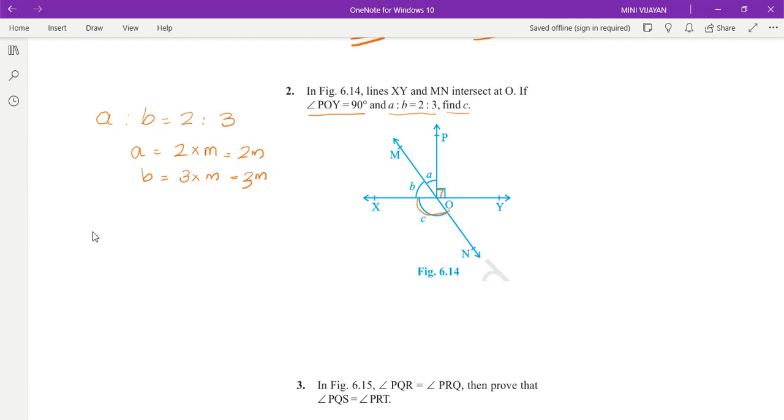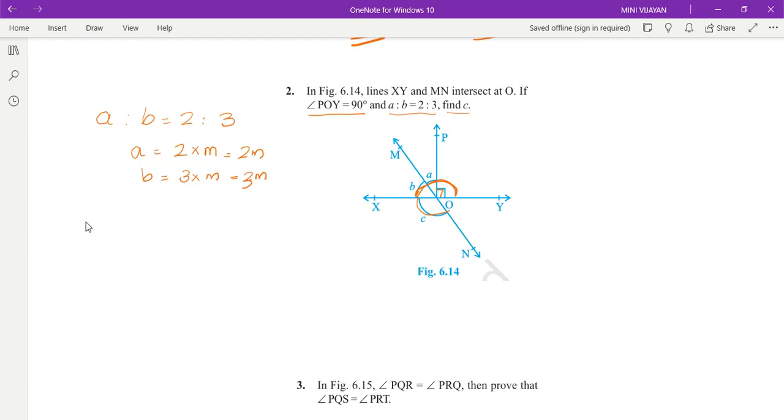What is the relation between A, B and this 90 degrees? They all together make a straight line angle, 180. Out of that, POY is marked as 90 degrees.